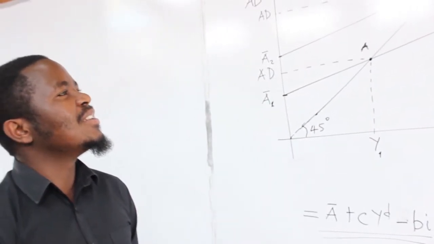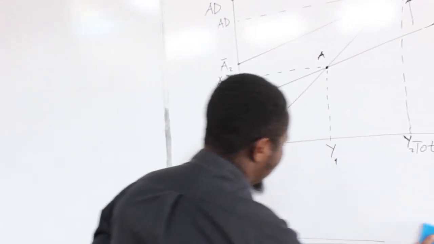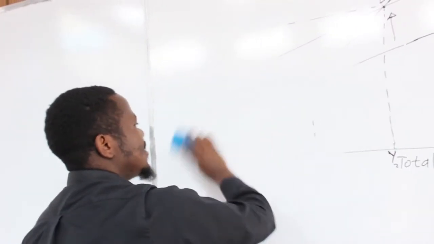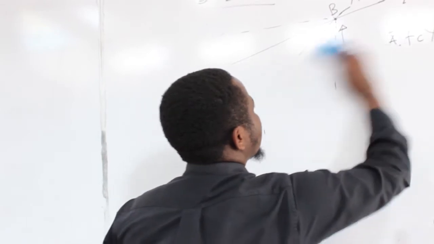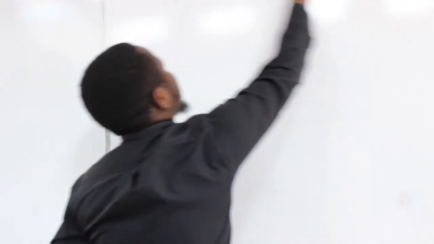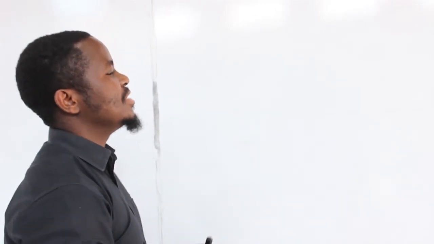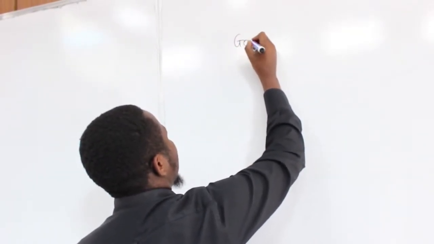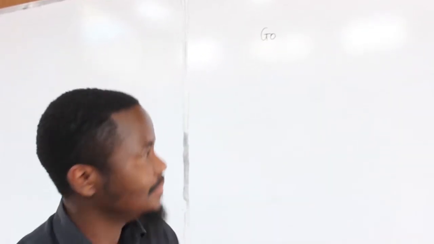So now let us look at the relationship between income, spending and interest rates. Now that we understand this, which we should bear in mind as we look at the relationship between income, interest rate and spending, to look at this relationship better, we are going to assume that we have two markets.